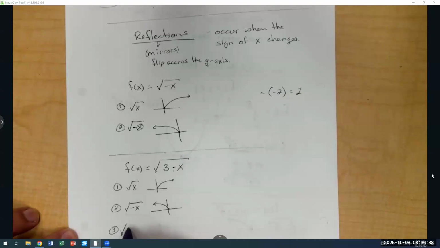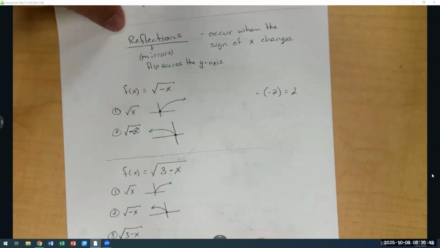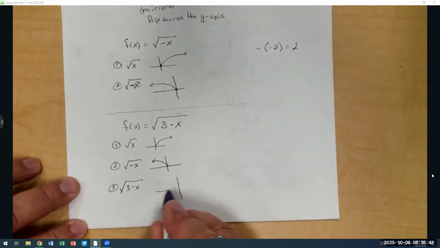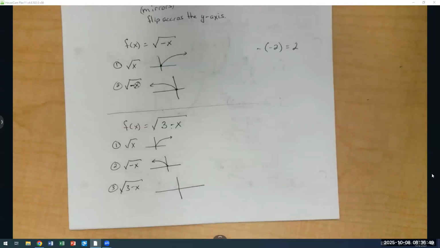Now we do the rest of the equation. So what happens to the graph there? Which direction does it go? Three times to the left. Why do you say to the left? Because the 3 is positive.